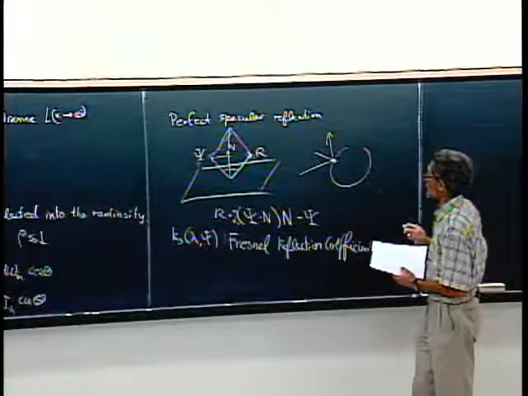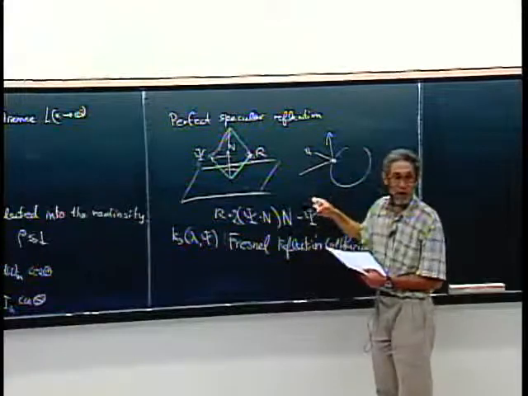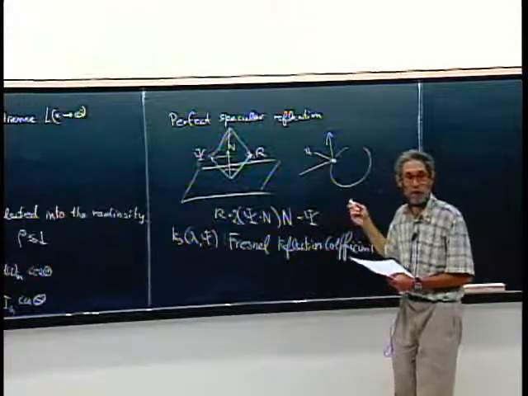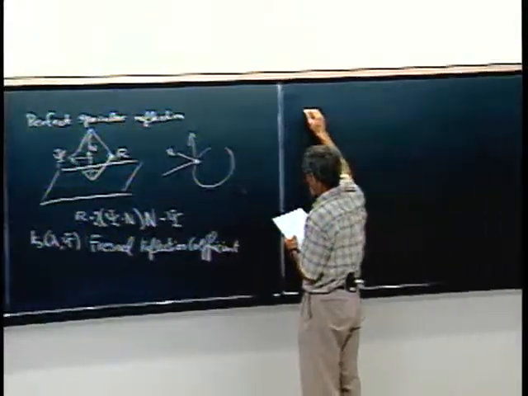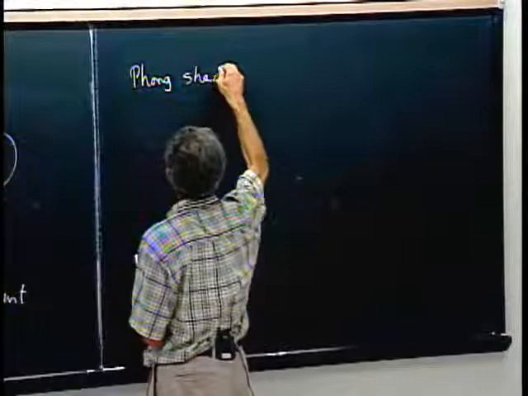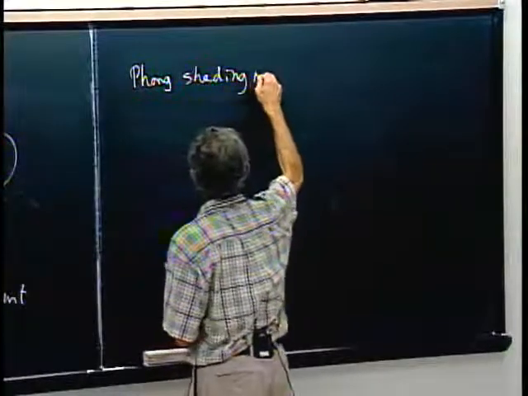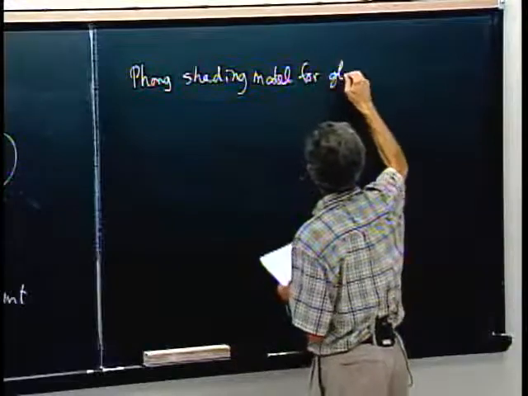So what I want to tell you at the end of the period is how you compute this n and how you compute the initial viewing rays, which is in the code, but I want to describe it if I have time for it. But let me now talk about the Phong model. And this is for glossy reflection.